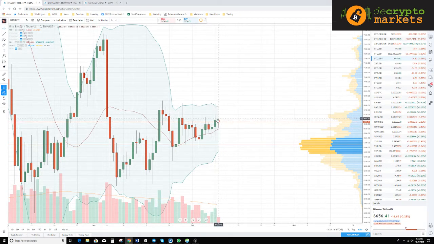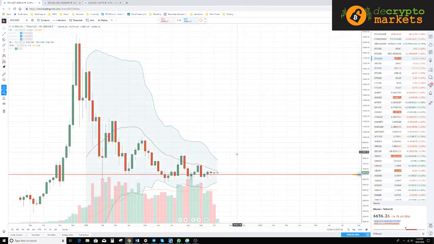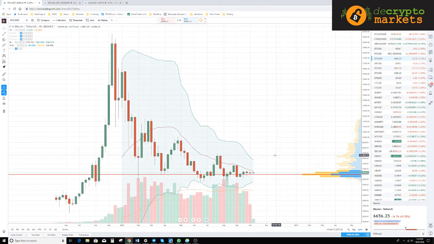The daily is an inside bar, which means it has a lower high and a higher low than the prior candlestick. So we're just seeing continued evidence of a market ready for breakout. If we take a look at the weekly, this is even more telling: the weekly has shown we've entered a squeeze as well.